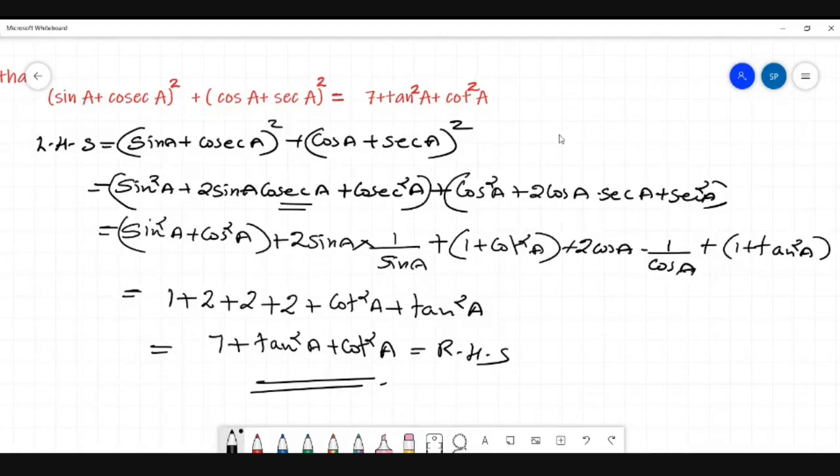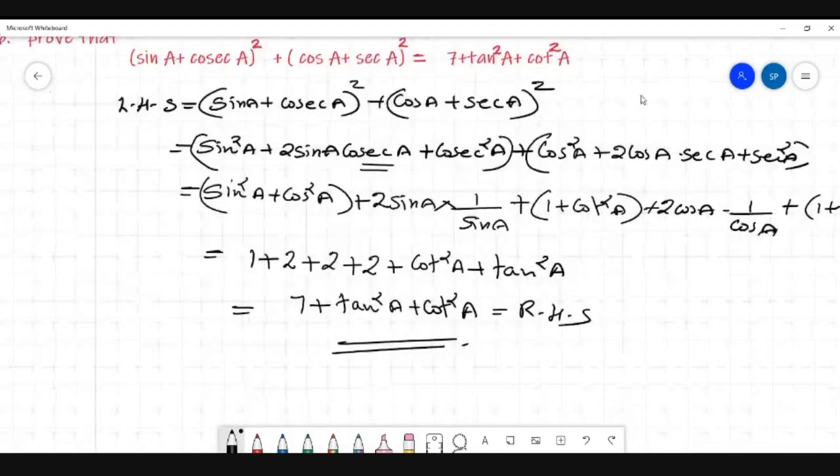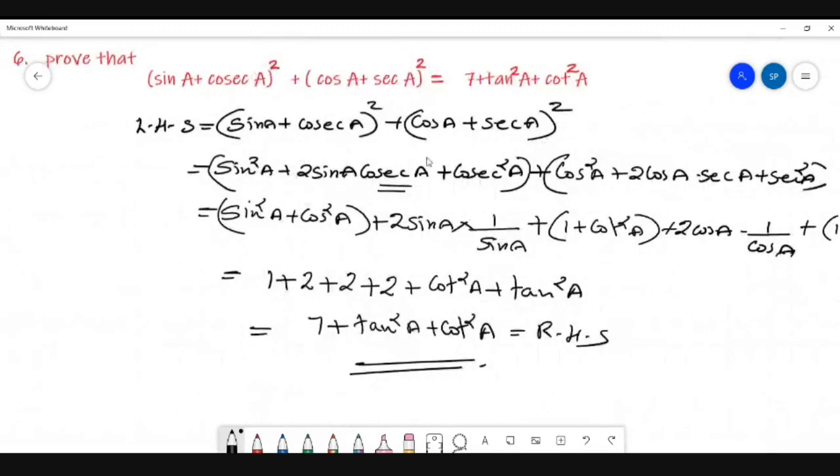Okay, we have sin A plus cosec A whole square expanded using A plus B whole square. This bracket also expanded using A plus B whole square. Now combine sin square and cos square.